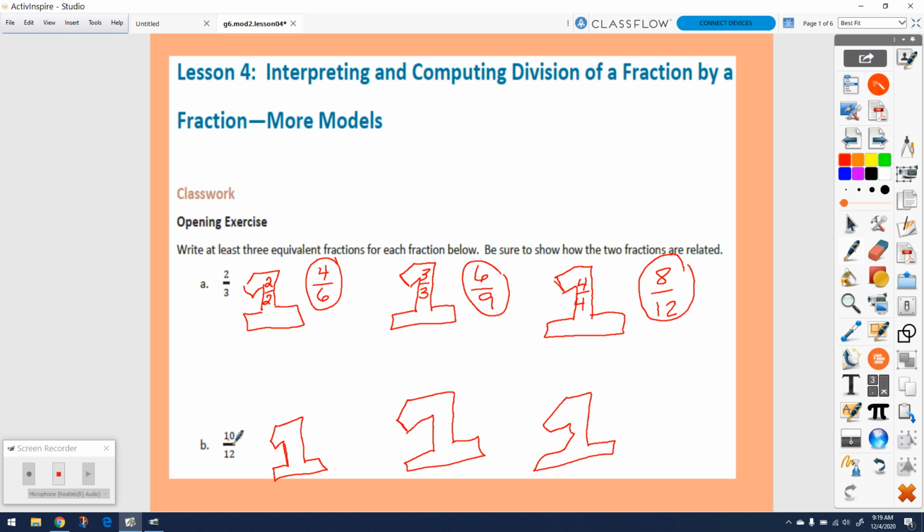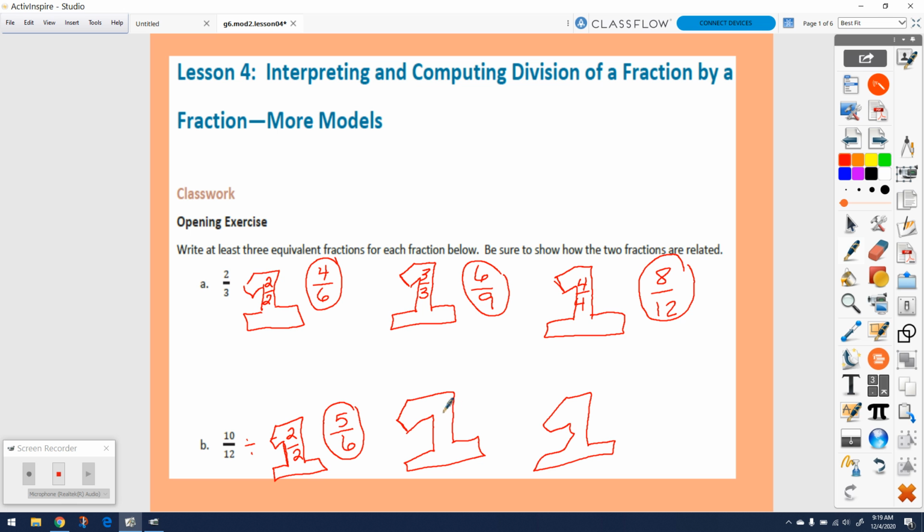All right, so in this one, again, I could multiply by 2 over 2, but I could also divide by 2 over 2. So let's do that one. 10 divided by 2 is 5, and 12 divided by 2 is 6. So in this case, we still used a factor of 1, but we made it smaller rather than larger.